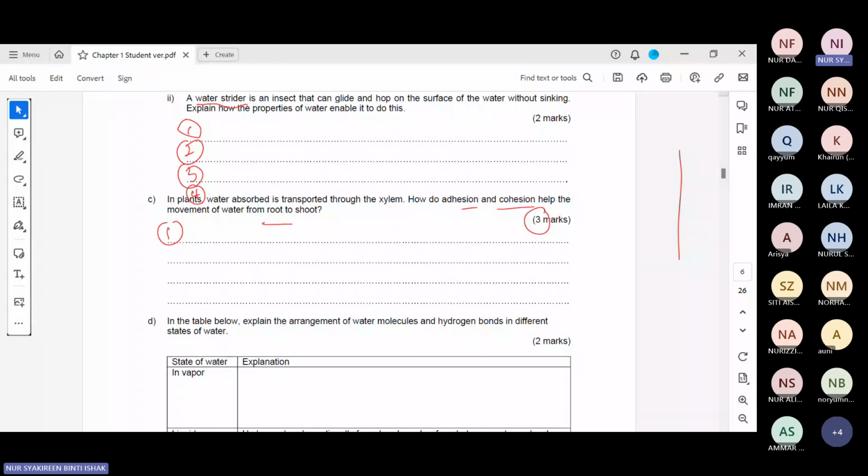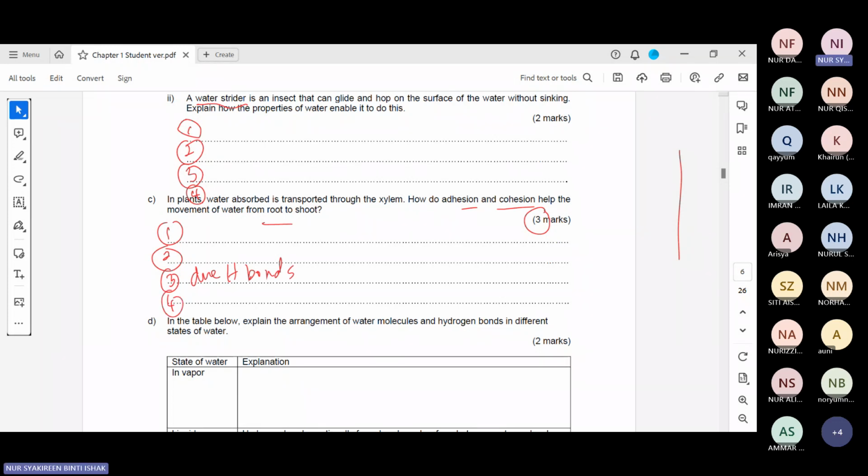Second point, adhesion: water molecules stick or are attracted to the cell wall of the xylem. Third, this is due to hydrogen bonding.